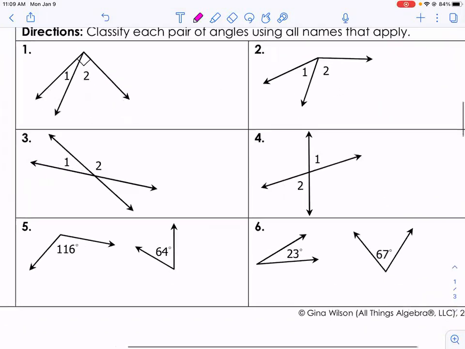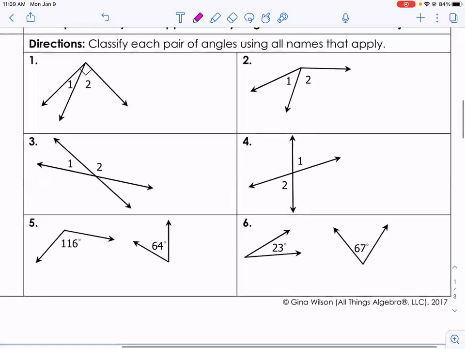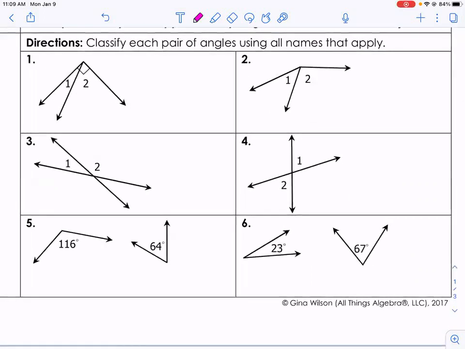Down here at the bottom of our page, we are going to classify each pair of angles. Now, we might have more than one way to describe our angles. For example, in number 1, those two angles are definitely complementary.